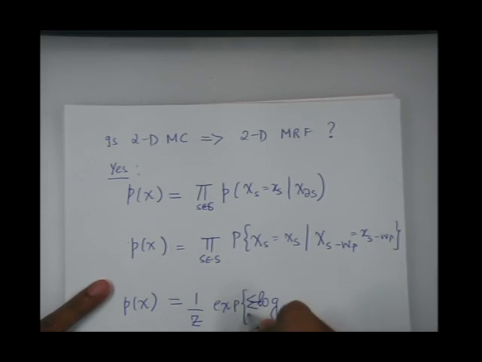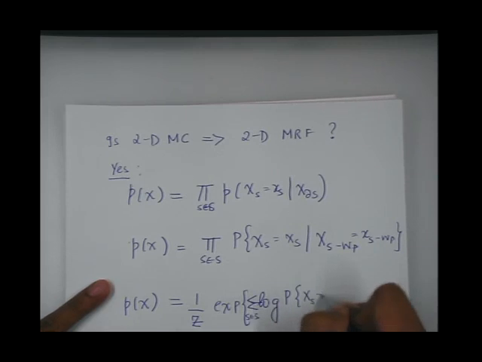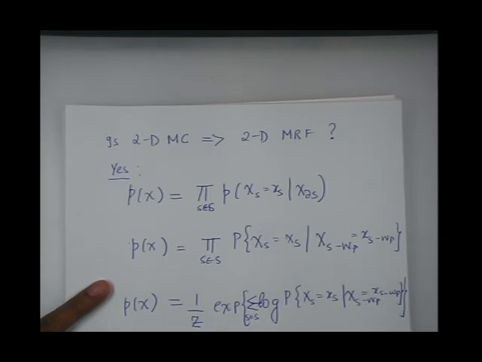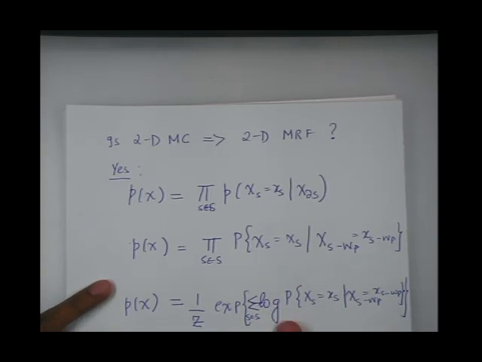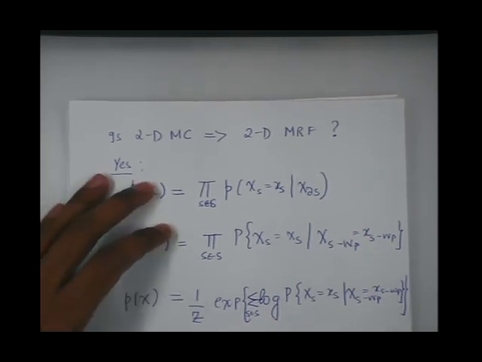You can take the sum of the logs of the conditional probabilities, right? This is fine. I'm just taking the exponent of a log. I've not really done anything. And why are we doing this? What are we heading to? What do you think?